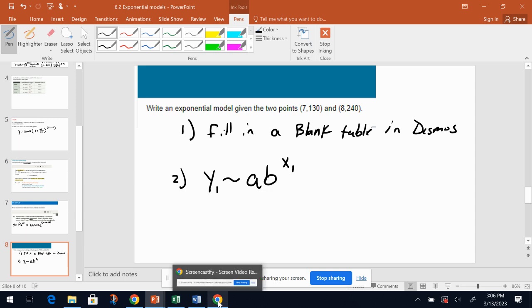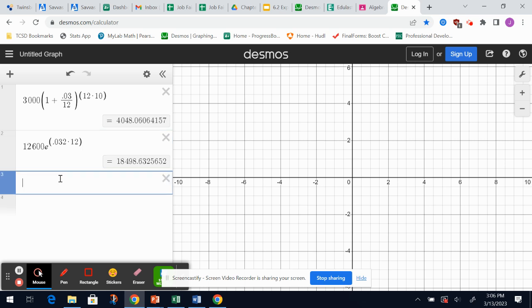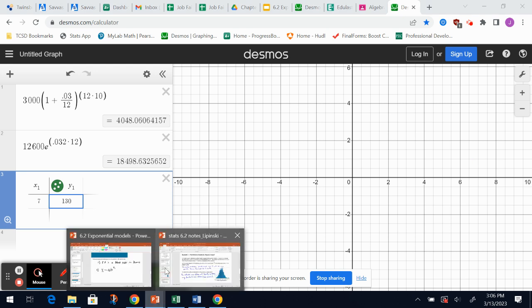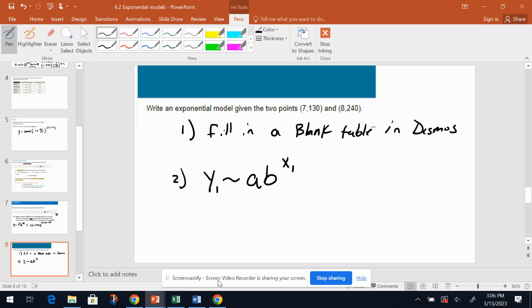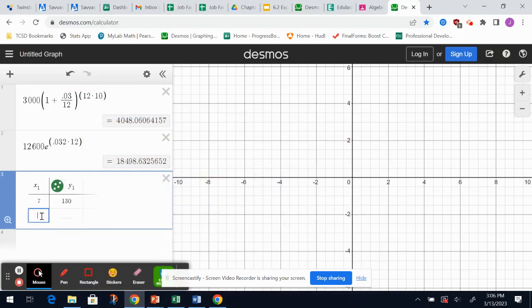So I'm going to go to Desmos again. And in Desmos, I'm going to get a blank table by hitting the plus. I'm going to type in 7 and 130. Right? That was my ordered pair. That's the first ordered pair, 7 130, and then 8 240.